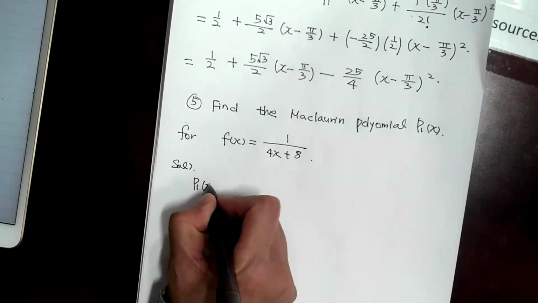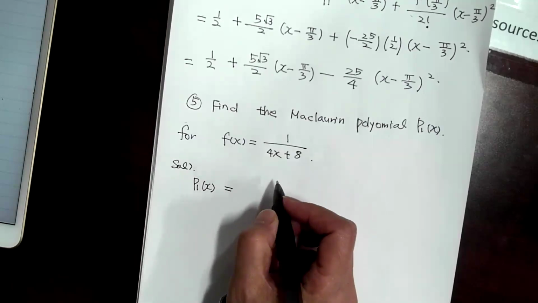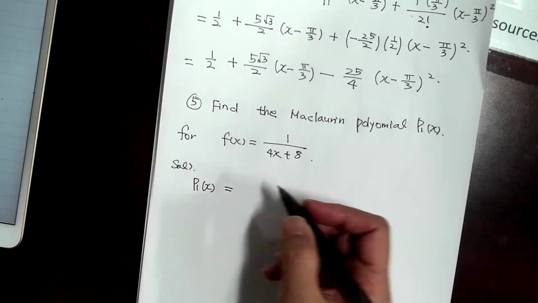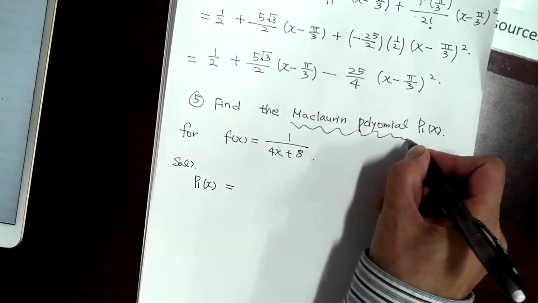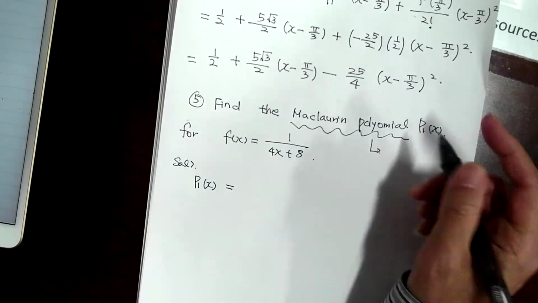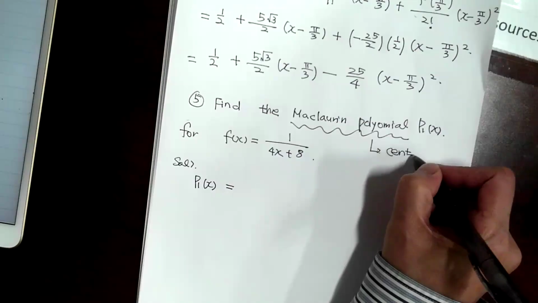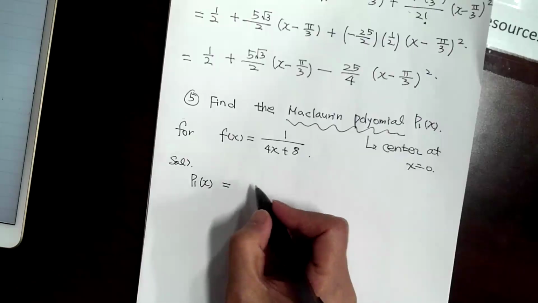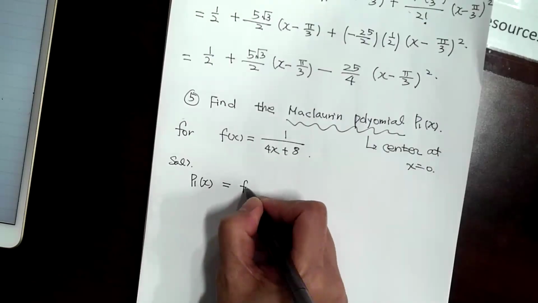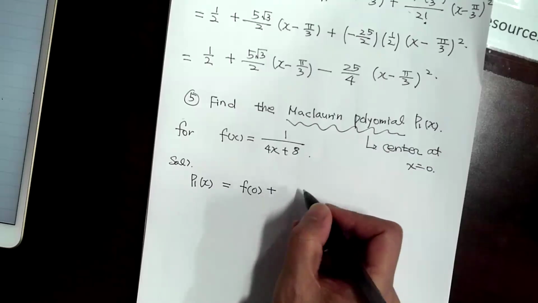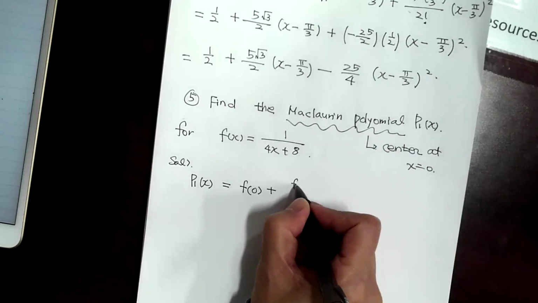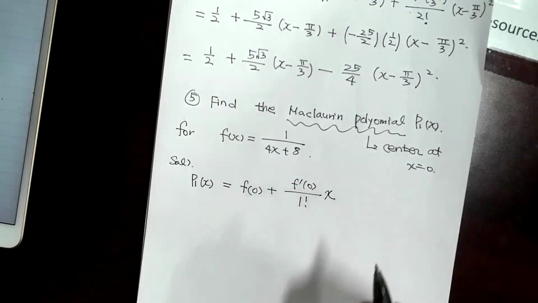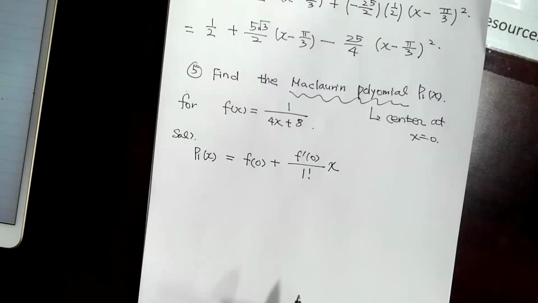So P1 of x is what? This is a Maclaurin polynomial, which means centered at x equals 0, right? So we have to evaluate at 0. So f of 0 plus f prime of 0 over 1 factorial times x.